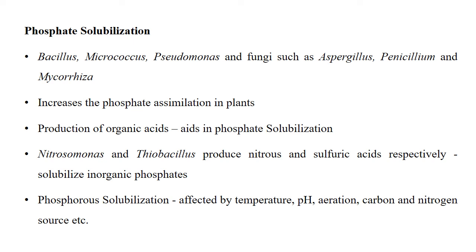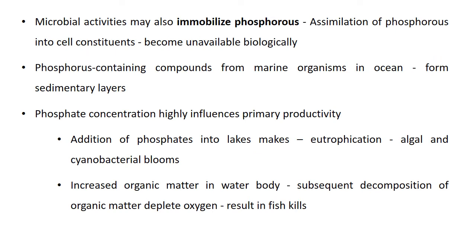In marine environments, the availability of phosphorus depends on the temperature of the surface water. Microbial activities may also immobilize phosphorus. The assimilation or incorporation of phosphorus into cell constituents will make the phosphorus biologically unavailable. The phosphorus assimilation into cell constituents removes phosphate from the bioavailable pool.